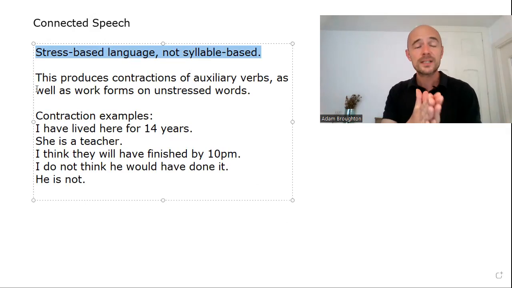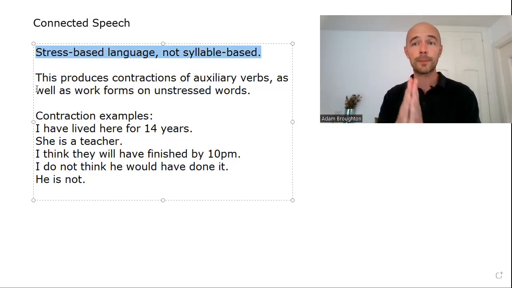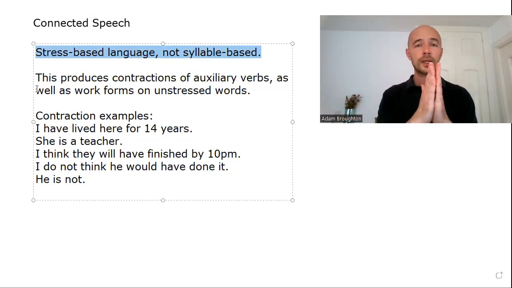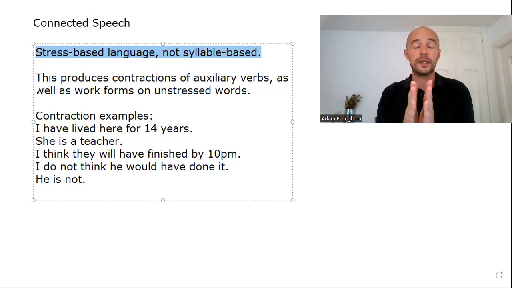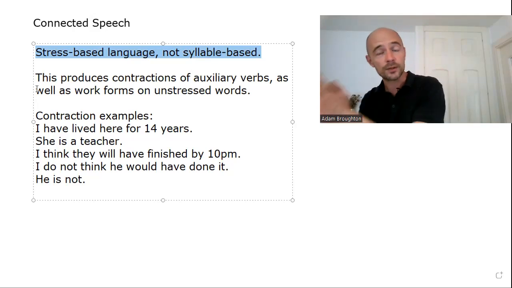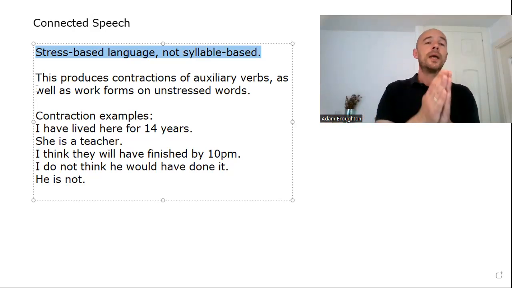Why does this happen? Well, the reason is that English is what we call a stress-based language, not a syllable-based language. Most languages are syllable-based, where each syllable of a word is given equal length and equal speech time, and the rhythm follows the syllables of the words. English is not like that.